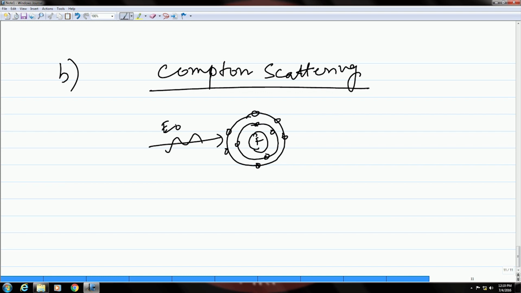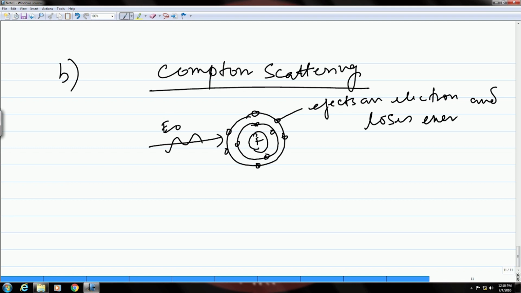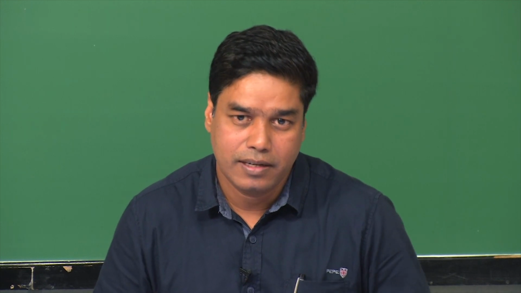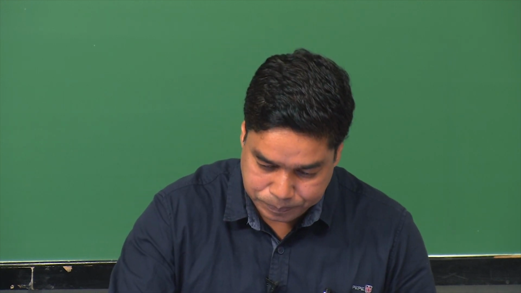So, in this case what happens, the X-ray photon first ejects an electron and loses energy in the process. This low energy photon is then further scattered by the atom.